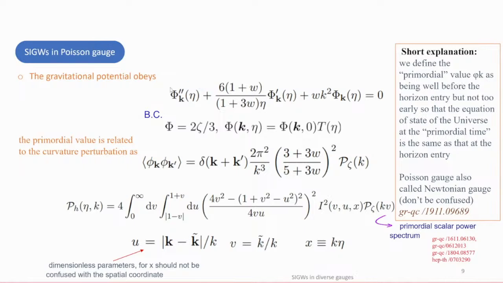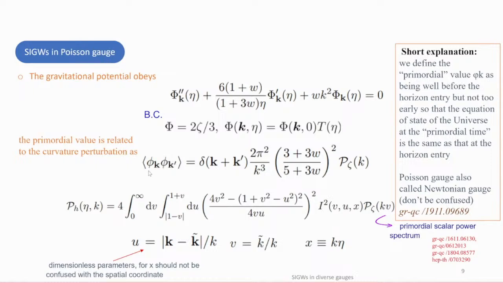This is the scalar perturbation. This is basically a gravitational potential that obeys this equation. Here we have the boundary conditions used for this equation to find the solution of the gravitational potential. So further, the primordial value is related to the curvature perturbation as given in the following formula.